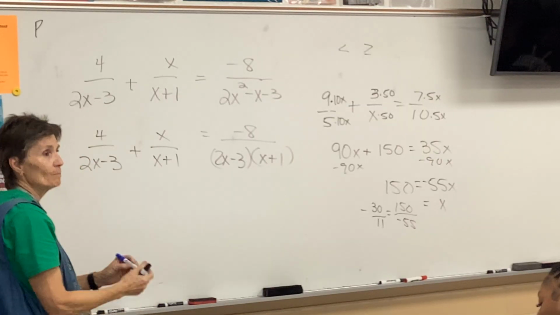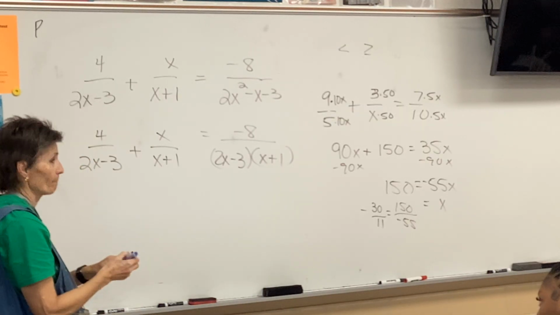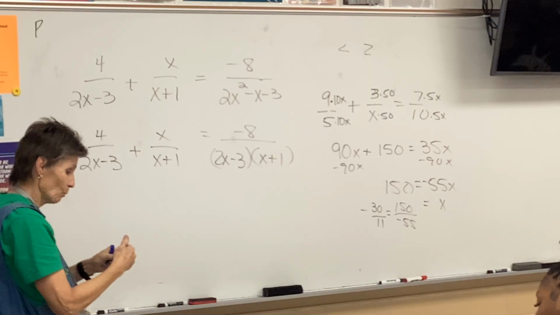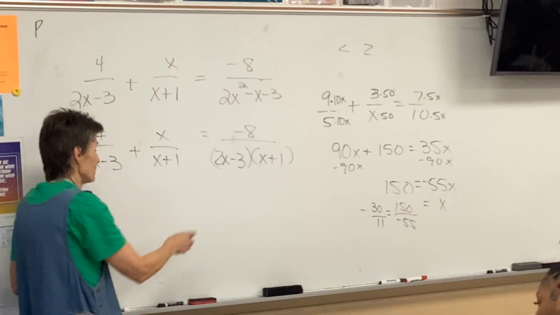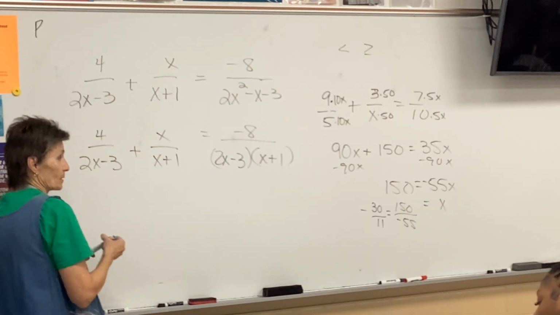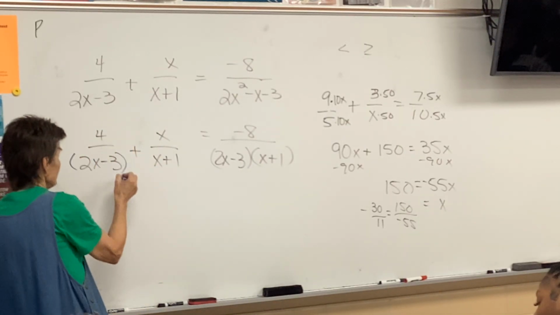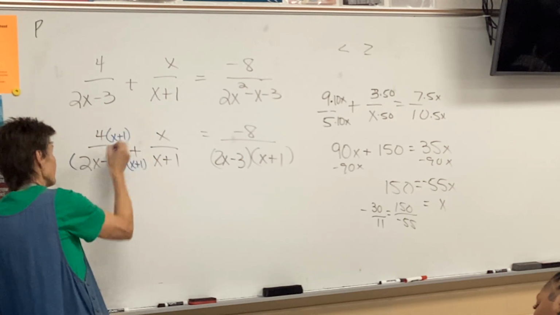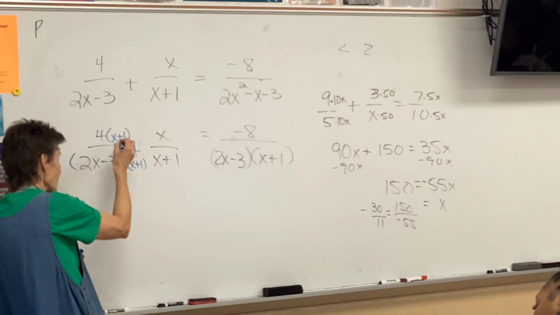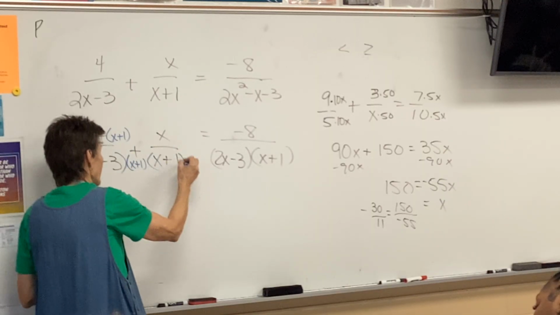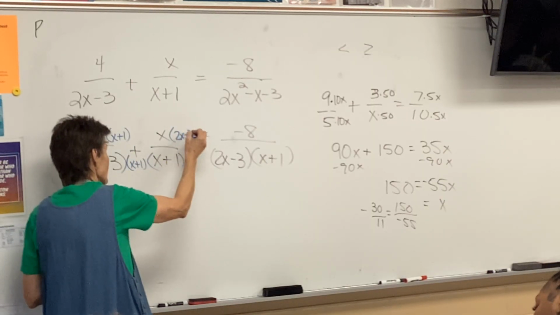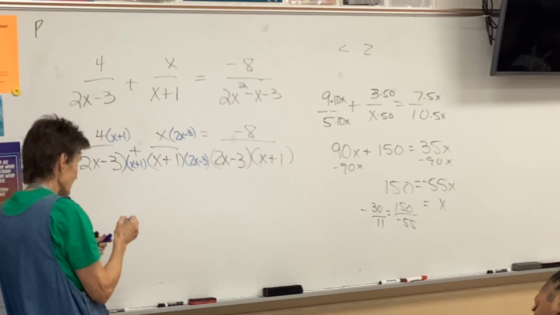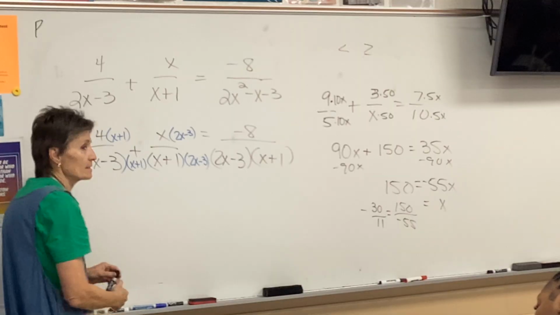Okay, now what do I do? Get a common denominator. Won't our common denominator be both of these? So this one is going to need the x plus 1, top and bottom. This one is going to need the 2x minus 3, top and bottom. And that one doesn't need anything because it already has the denominator.